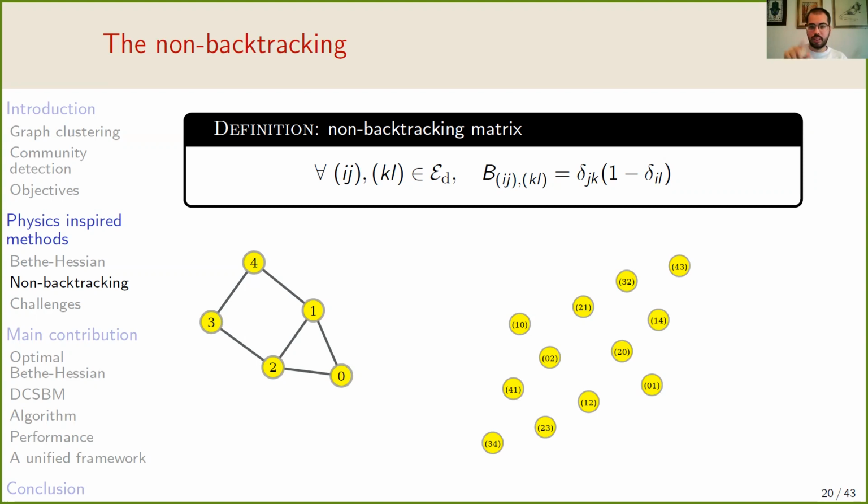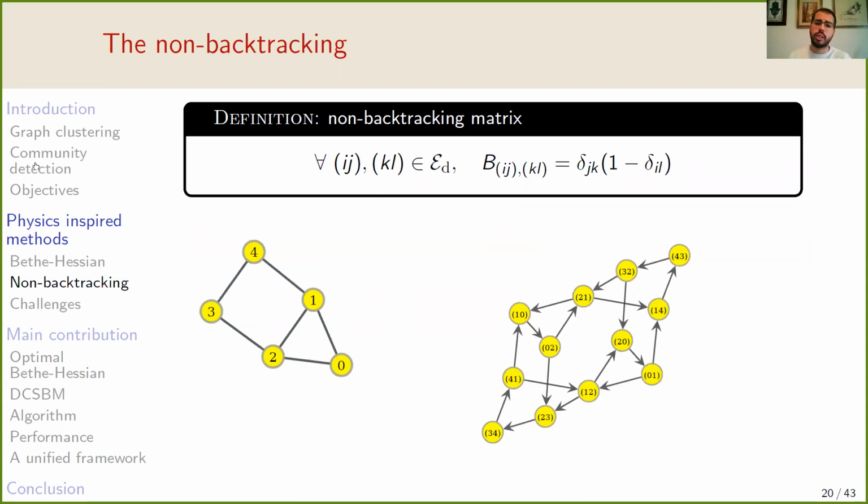And then we connect the vertices of this new graph if on the original graph we have a non-backtracking path between these two vertices. So a non-backtracking path allows us to go from node 4 to node 1, and then from node 1 to node 0. So (4,1) will be connected to (1,0), but it does not allow us to go from node 4 to node 1, then back to node 4. The non-backtracking matrix is the adjacency matrix of the graph on the right.